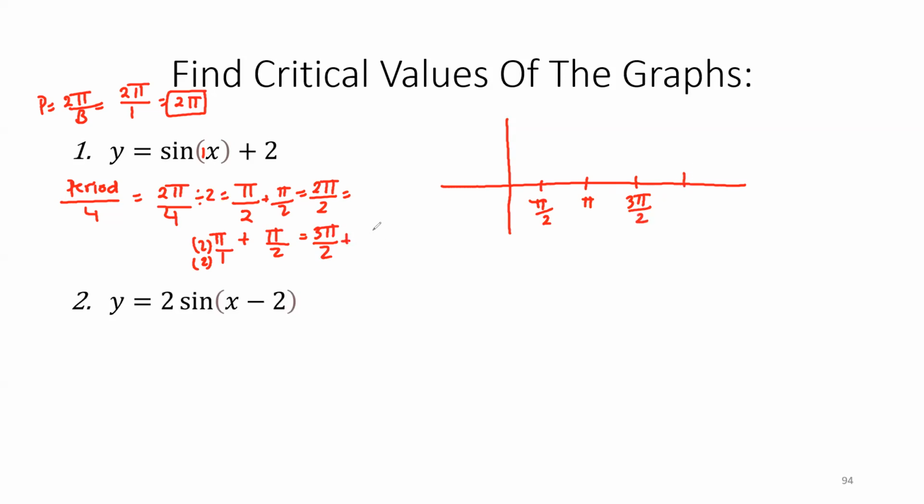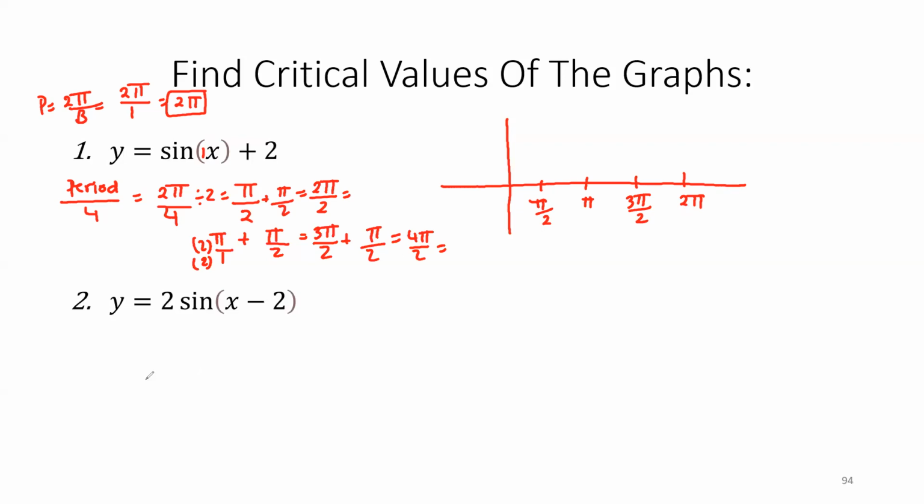And then you keep adding pi over 2. That's 4 pi over 2, which is 2 pi. See how we have 4 critical values? That's how you find your critical values for one cycle.